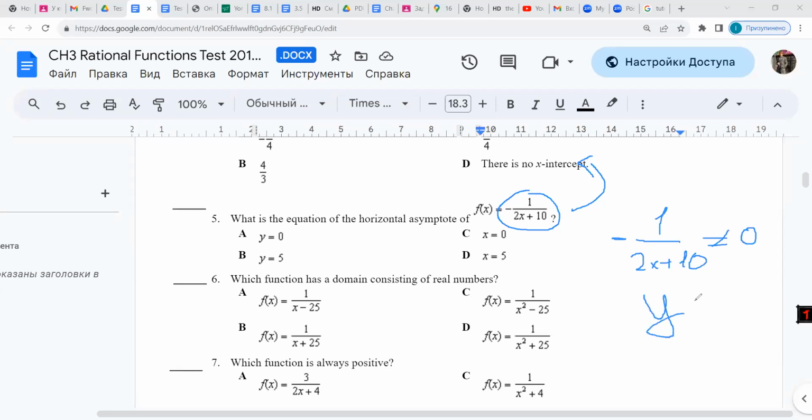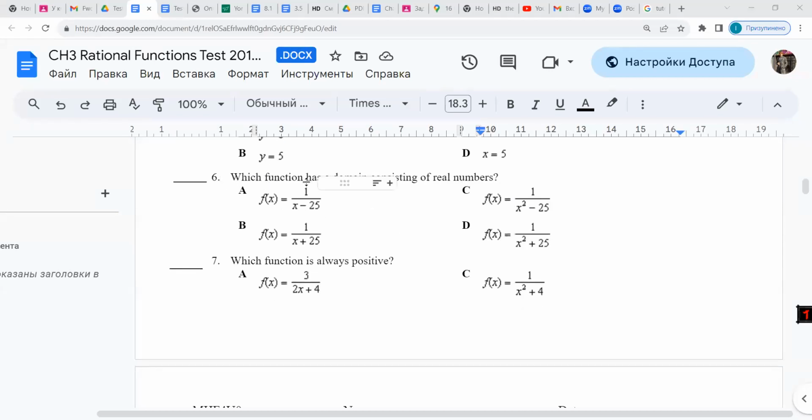Thus, our horizontal asymptote would be y equals 0. We could infinitely approach this horizontal asymptote, but we would never touch it. So the answer would be A. Okay?